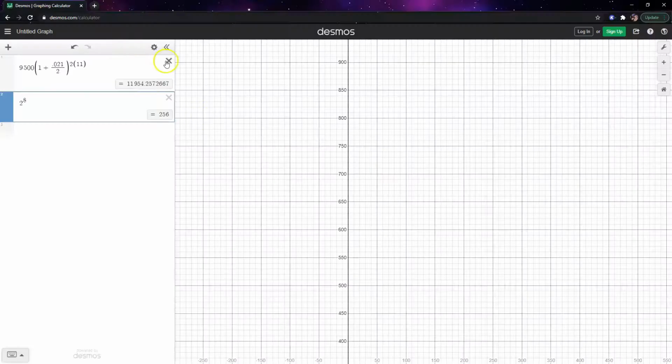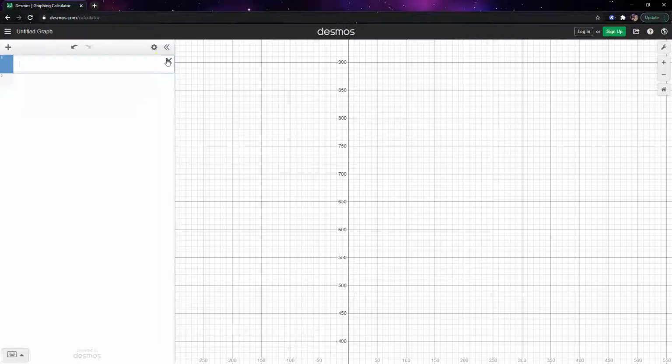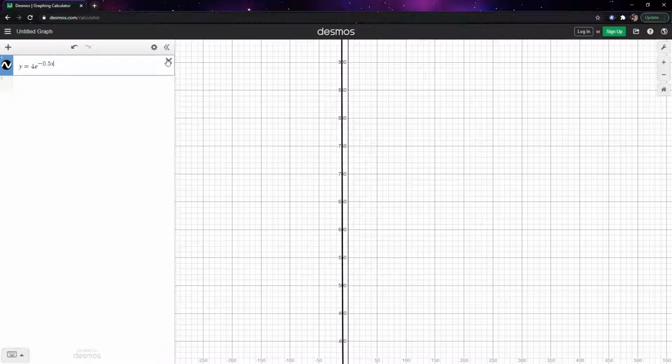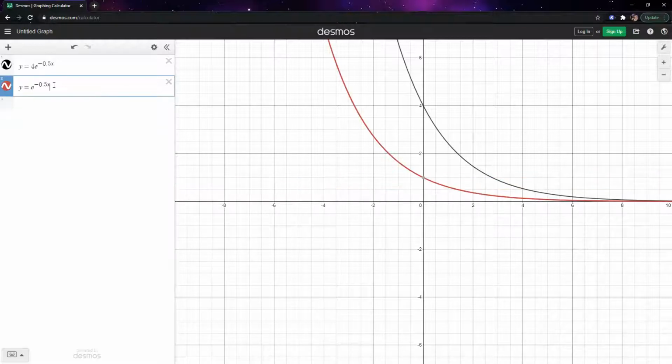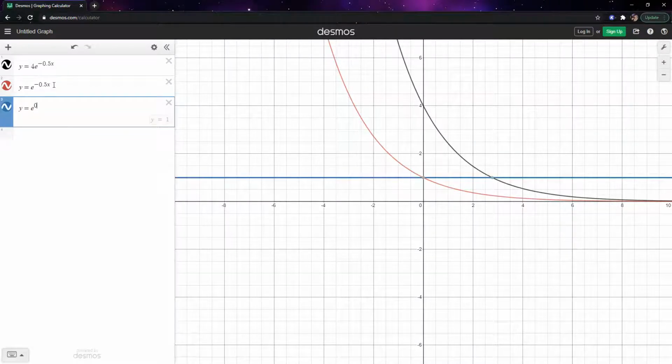So the first one I have is y equals 4 e to the negative 0.5x. Oh, and I want to go back home to see this. Then I have y equals just e to the negative 0.5x. I have y equals positive 0.5x.